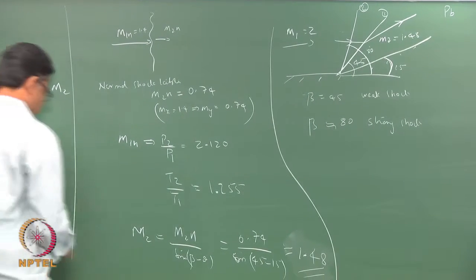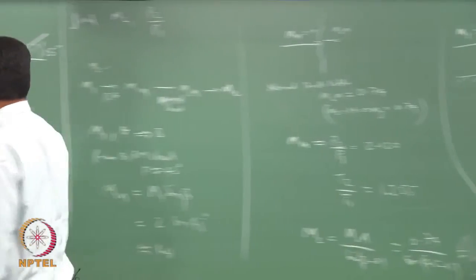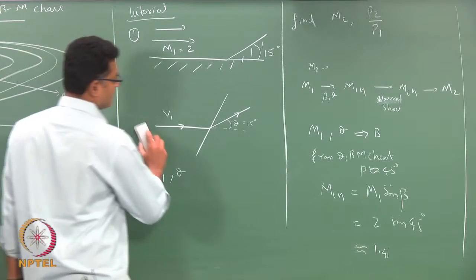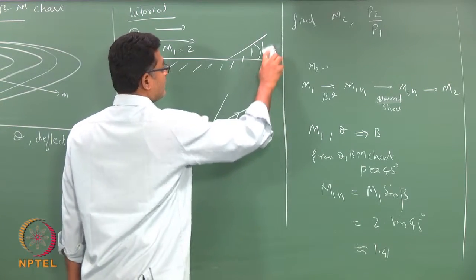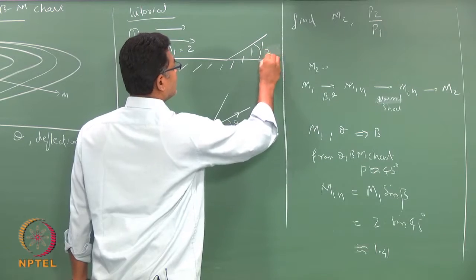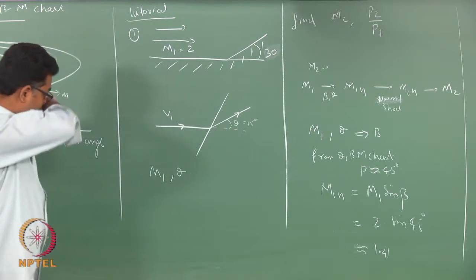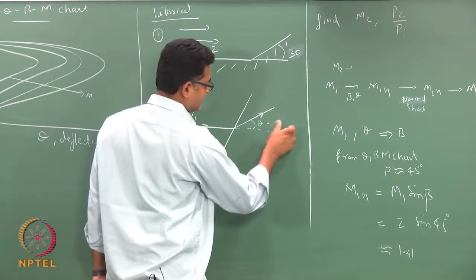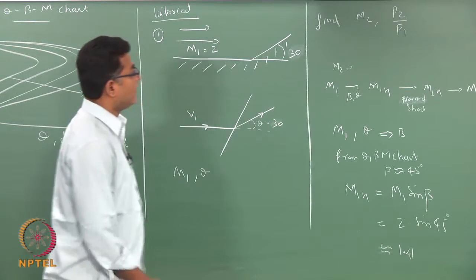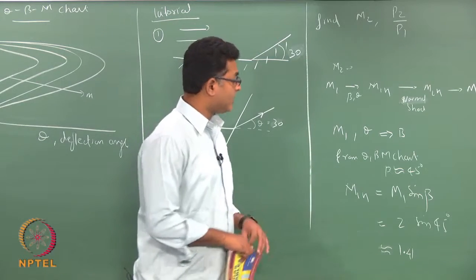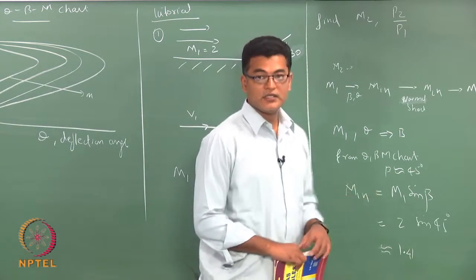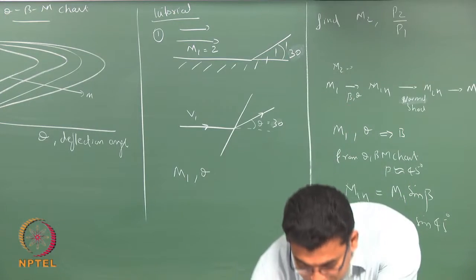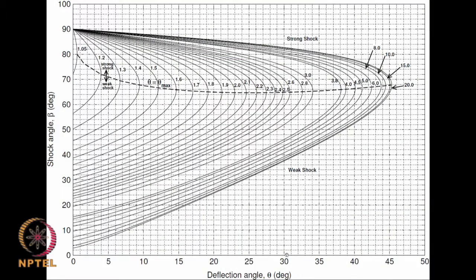All right. Now, the same problem, with M equals 2, but I am now going to increase theta from 15 to, say, 30 degrees. So, let us see what happens. The procedure is the same, except that now I have a different theta. I look at the chart: my theta is 30 degrees, and I look for where my Mach number is 2.